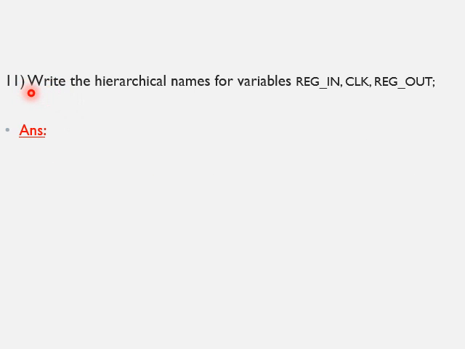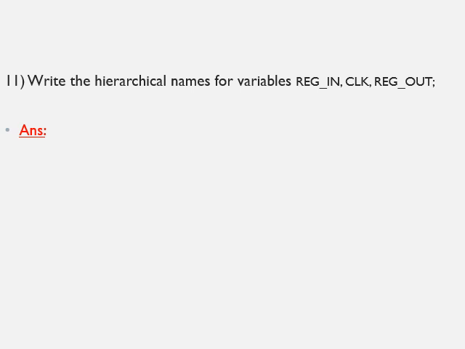Question number 11. Write the hierarchical names for the variables register underscore in, clock and register underscore out. Note here, these are the signal names that we have declared in the top level module stimulus. Okay. In the stimulus module, we have declared these signals in capital letters.